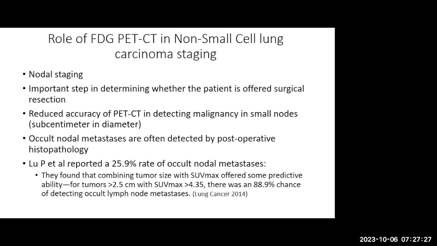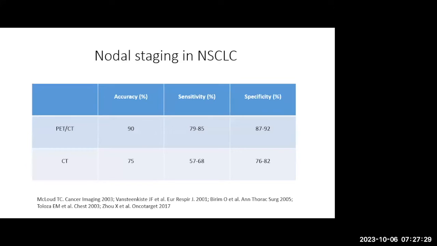So I just want to show you here a comparison of the accuracy, sensitivity, and specificity of nodal staging in non-small cell lung cancer for PET-CT with FDG and CT.